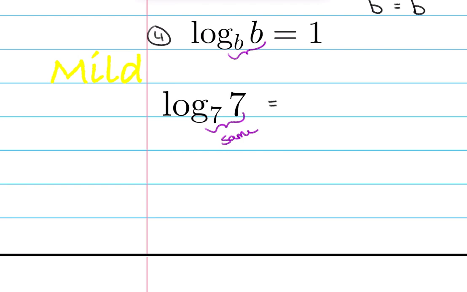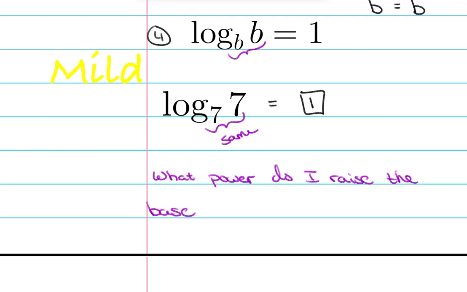You could also ask yourself this question: what power do you raise the base to equal the argument? So what power would you have to raise 7 to equal 7? It'd be the first power.